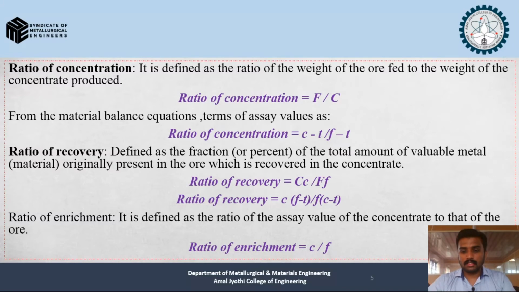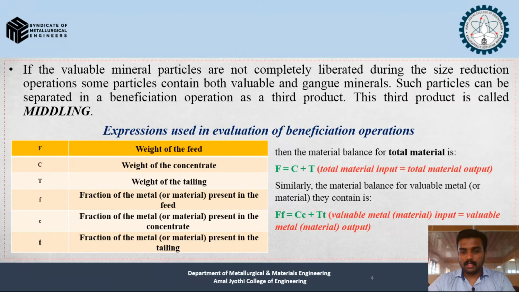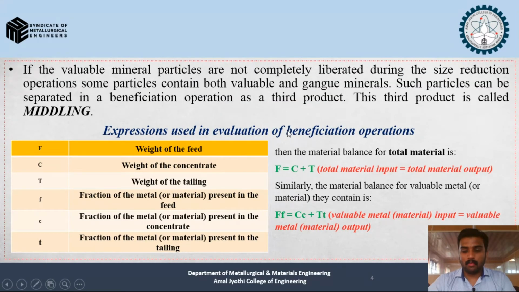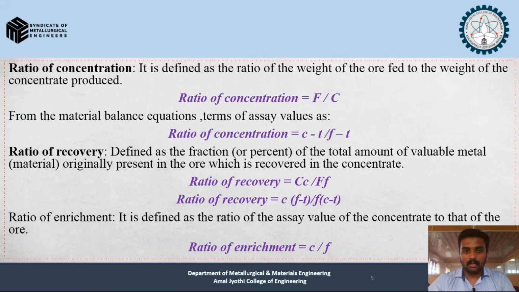And if you consider the fraction, we can change this particular equation into this one. Both equations are the same, but here we are taking expressions like c and d, that is the fraction, how much fraction is present in the feed as well as the concentrate. So we can change this F by C equation into C minus D by F minus D. What do you mean by C minus D?